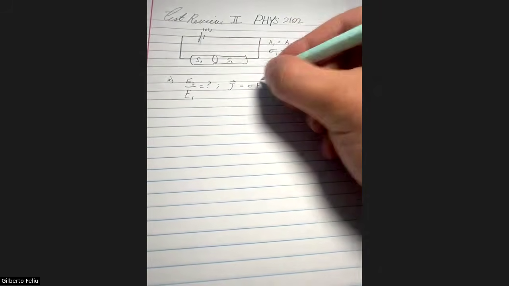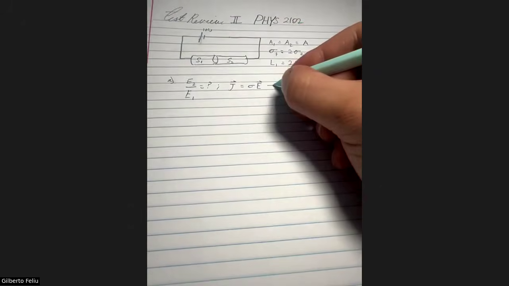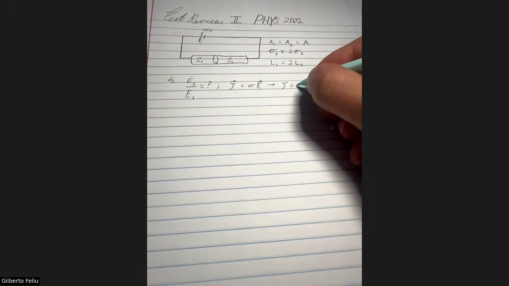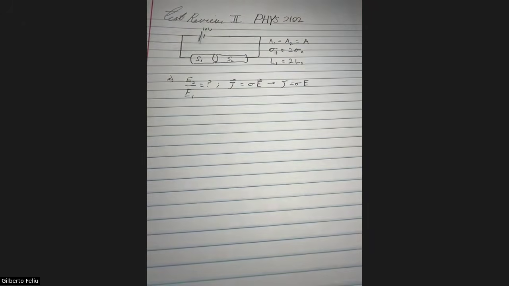You see this as a vector equation, but because we're getting asked a ratio between E2 and E1, we'd have to divide vectors by each other, and you can't really do that. So we can just use the magnitude form. It says the same thing, just taking the magnitudes of each.